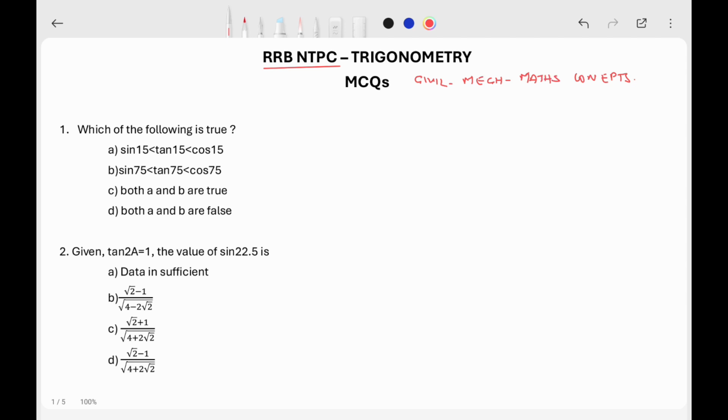Today I will be dealing with the MCQs, and these MCQs start from basics. Around 8 MCQs I have given. They are very thought provoking.